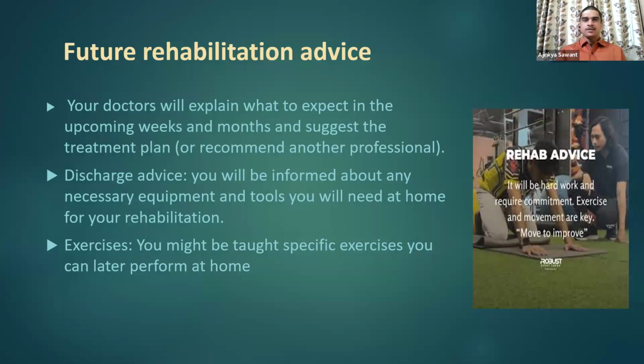And exercise: you might be taught certain exercises. We teach every patient breathing exercises, even if there is no thoracic, chest, heart or lung related surgery. Even with other surgeries, we teach the breathing exercises and some basic exercises for the patient to perform at home.